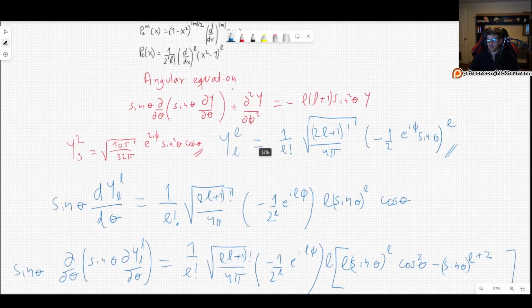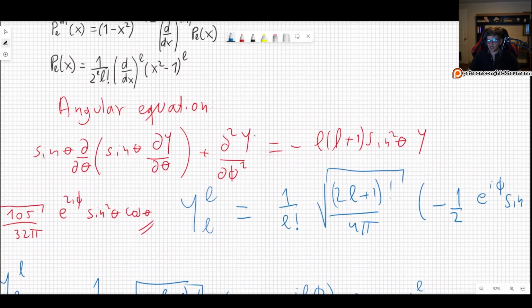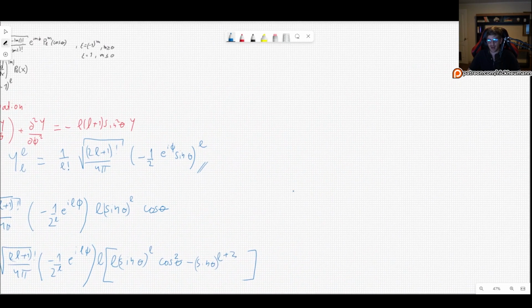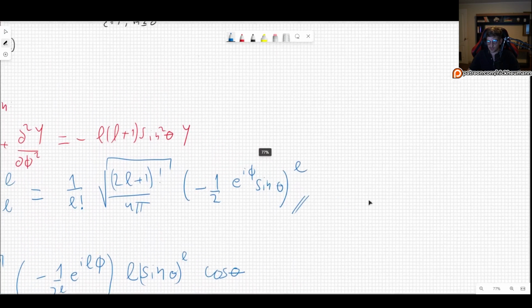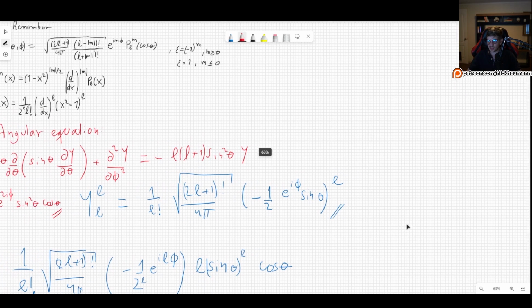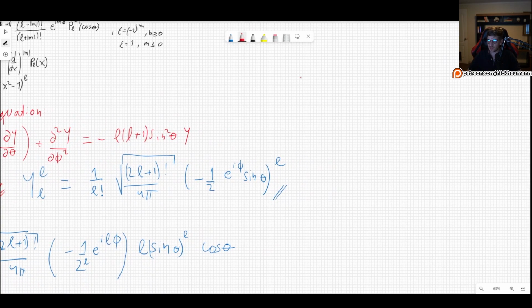Okay, then we have these two derivatives of our spherical harmonic with respect to phi. The only place where phi appears is here, so this will be a lot easier. If we take two derivatives, we are basically taking the derivative of e to the i L phi two times, so we get minus L squared e to the i L phi.